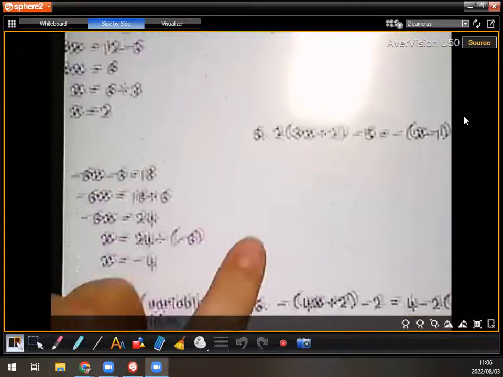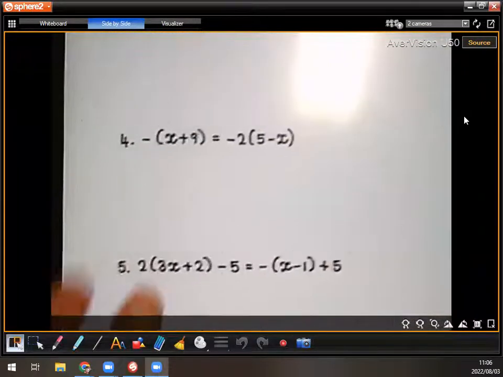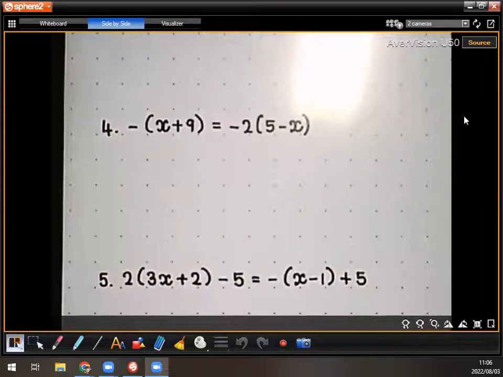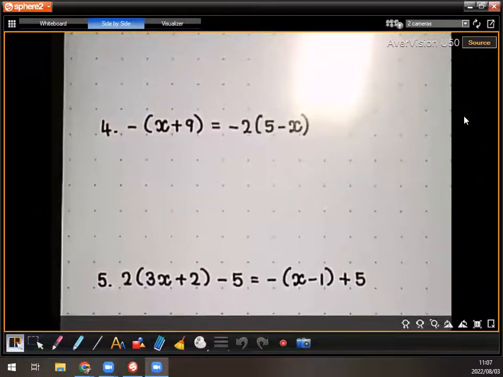Okay, number 4 is over there. I've written it out so long. Brackets on both sides. Right? So we have to multiply both those brackets out.